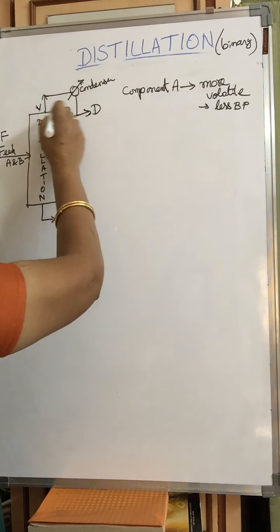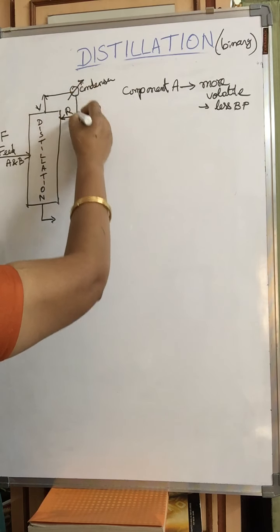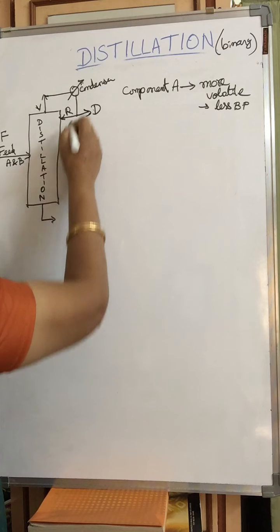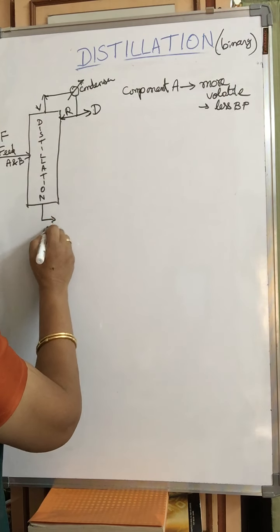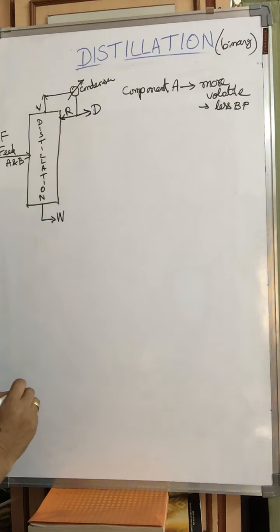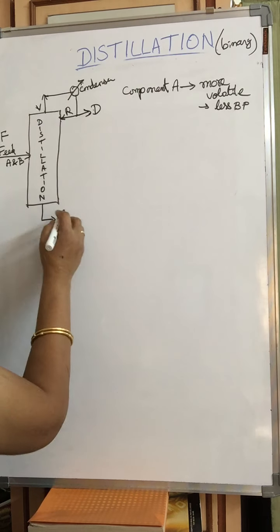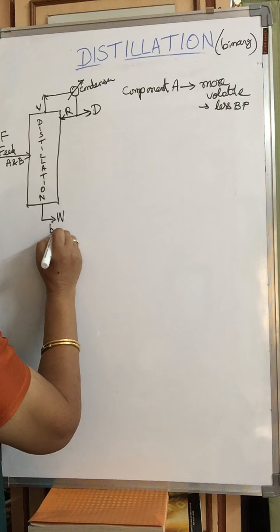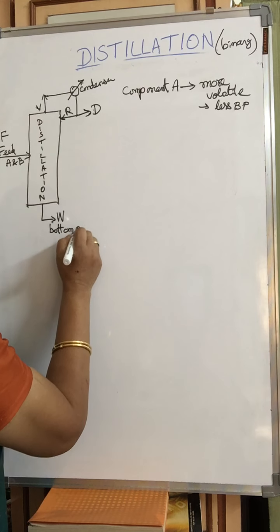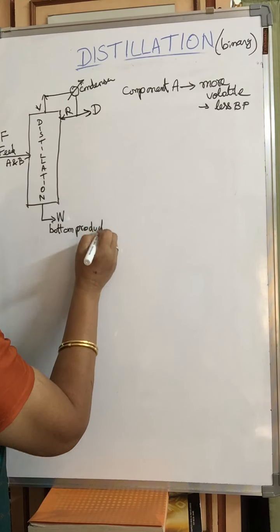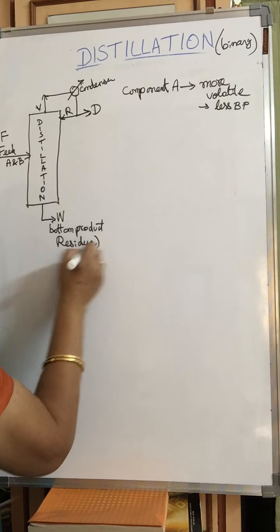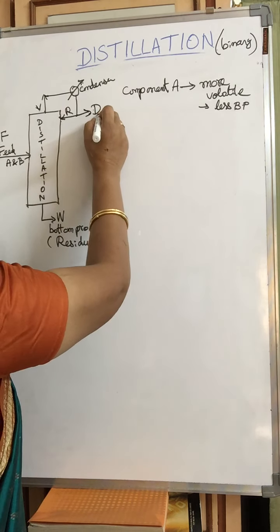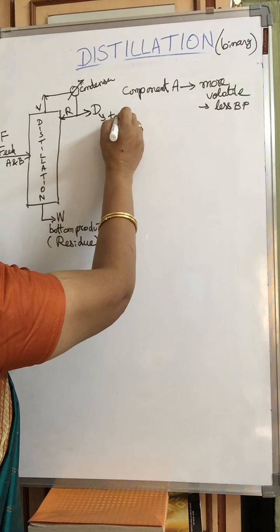This V is condensed here, a part R is refluxed and D comes out, and here let it be W. This is the bottom product, also called residue.